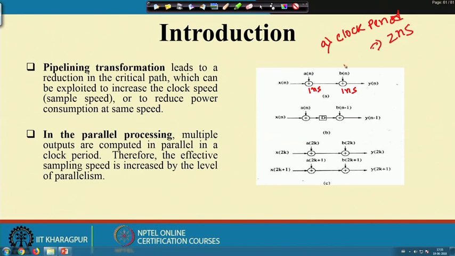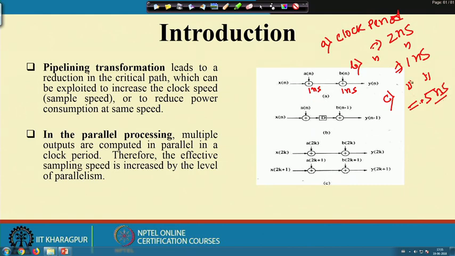For case B, the minimum clock period becomes 1 nanosecond, so I am increasing the speed by 2. In case C, the clock period will be 0.5 nanosecond.